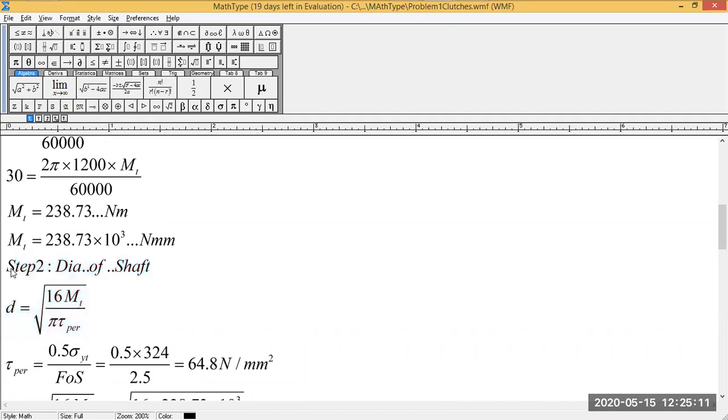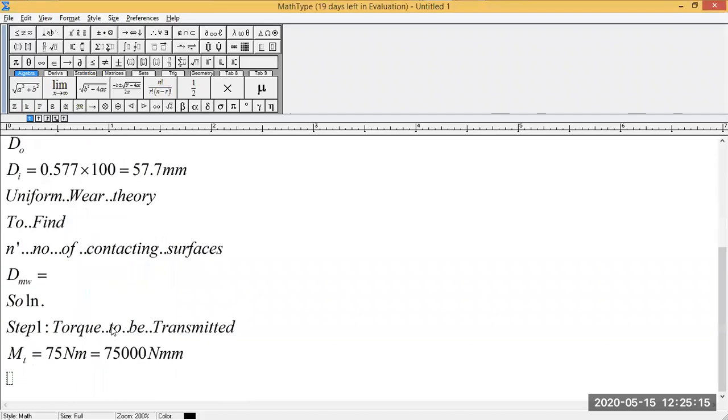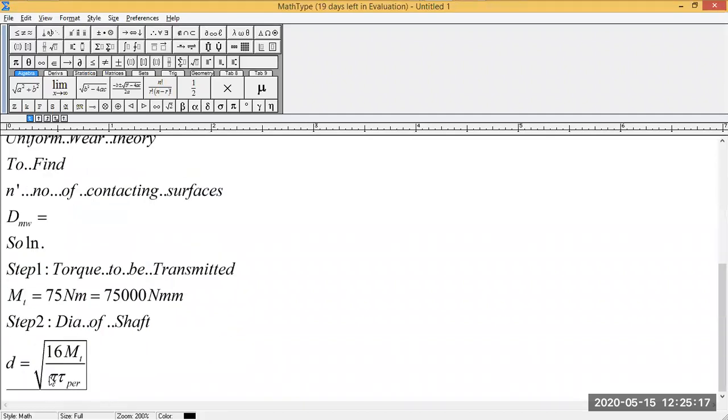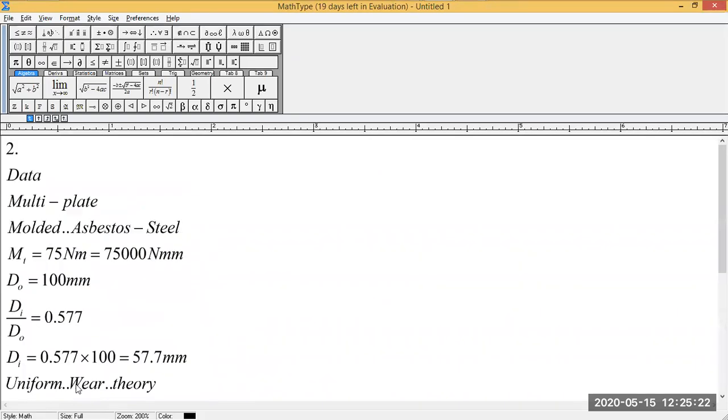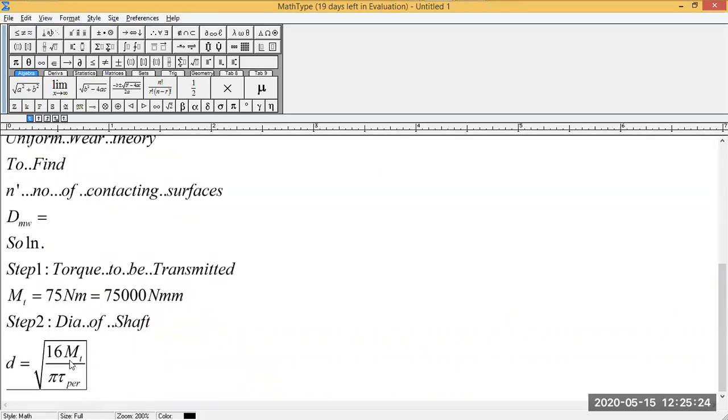One more thing we can do here, since nothing is given: the material is not given. The material for the clutch is just mentioned as some steel, but here tau permissible, the permissible shear stress, has to be given. Since this is not given, we'll just skip this, or we need to assume some material for shear stress.